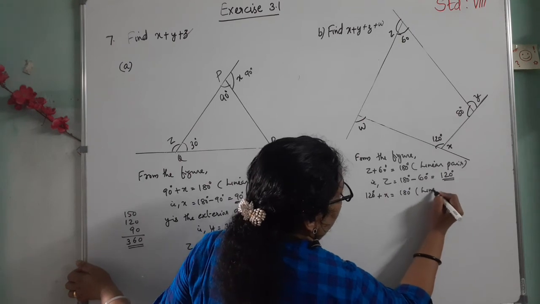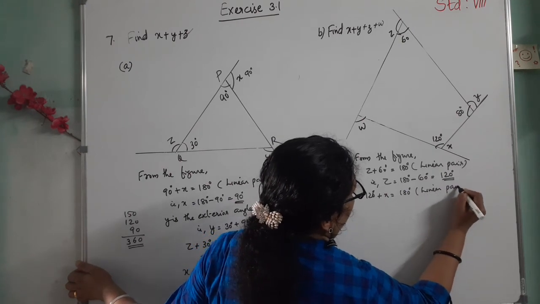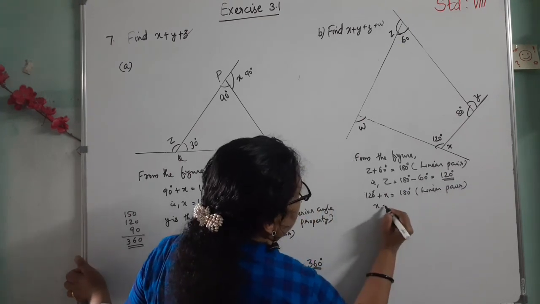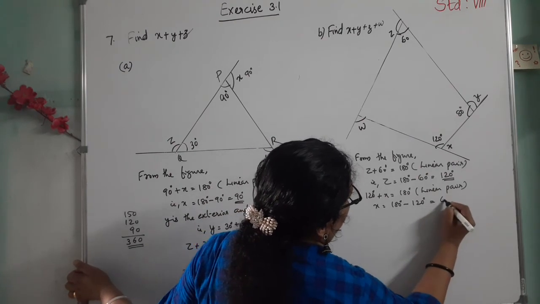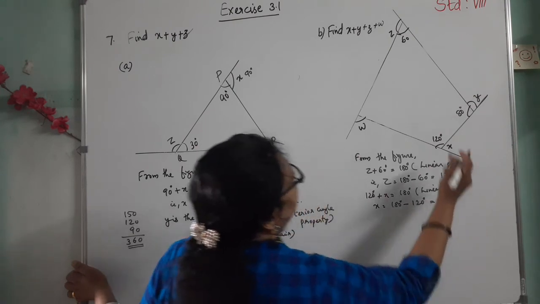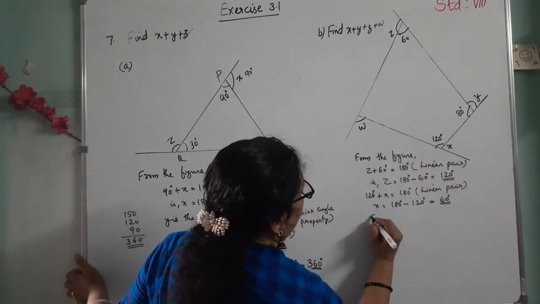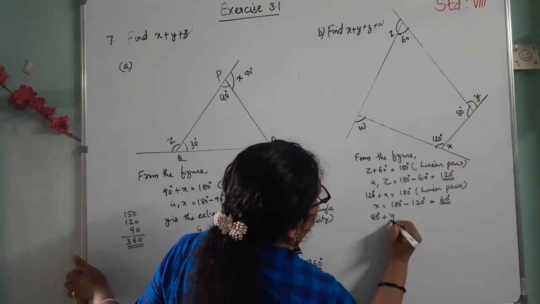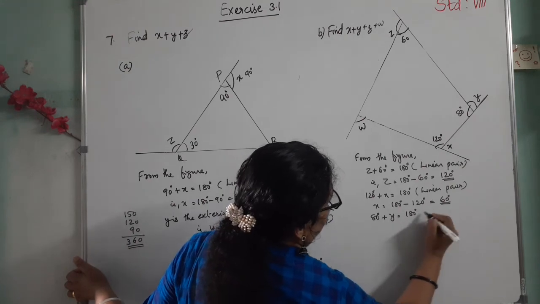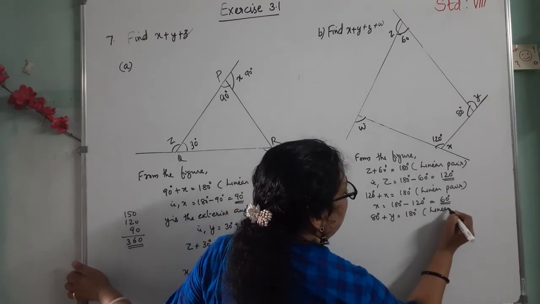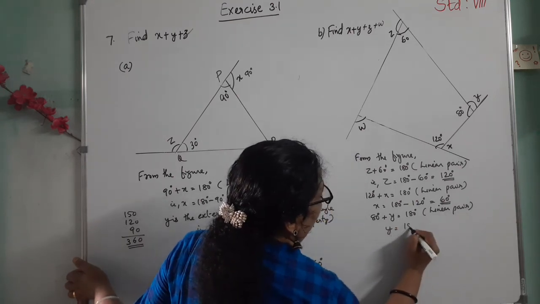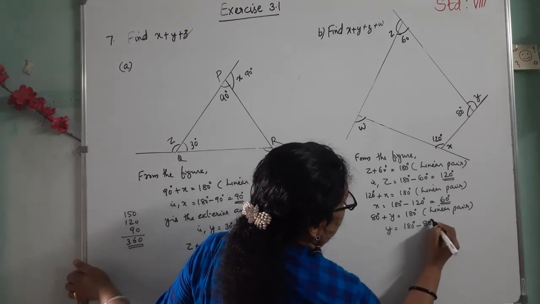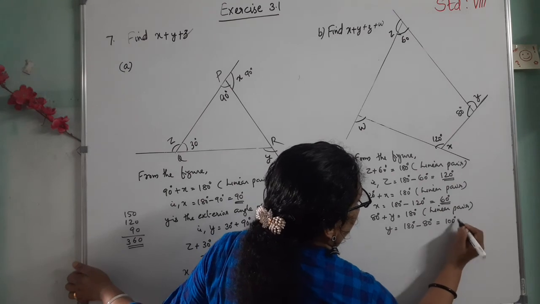Here also a linear pair. Therefore x equals 180 degrees minus 120 degrees, which is equal to 60 degrees. Then here also a linear pair. 80 degrees plus y equals 180 degrees. Then y equals 180 degrees minus 80 degrees, which is equal to 100 degrees.